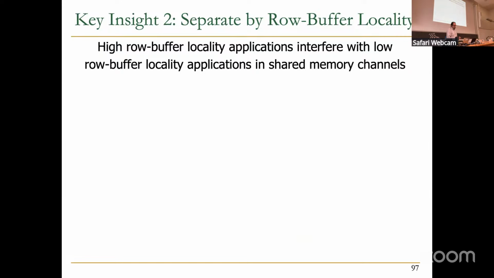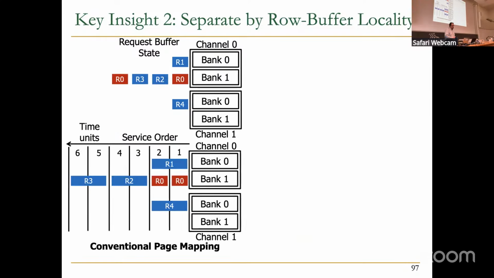Another insight is how different applications interfere at the row buffer. So you have two applications here that are accessing different rows. You have, again, the blue application and the red application.